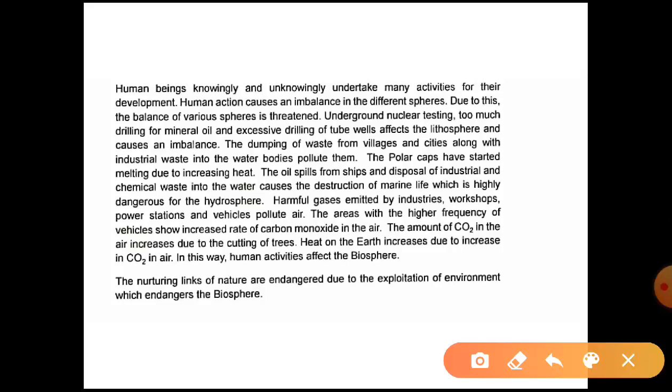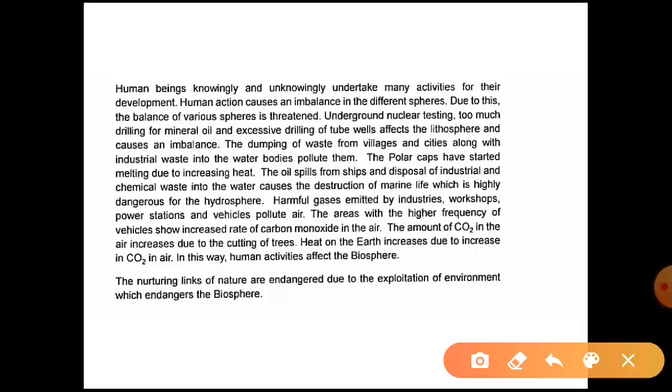Harmful gases emitted by industries, workshops, power stations and vehicles pollute the air. The areas with a higher frequency of vehicles show an increased rate of carbon dioxide in the air. The people are using vehicles, because of which we can see carbon monoxide being created, and the amount of CO2 in the air is increasing due to the cutting of trees.